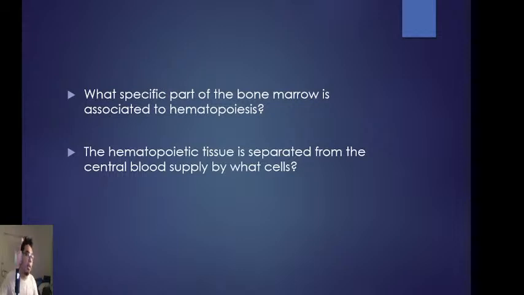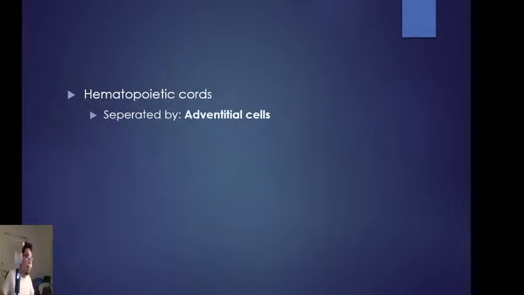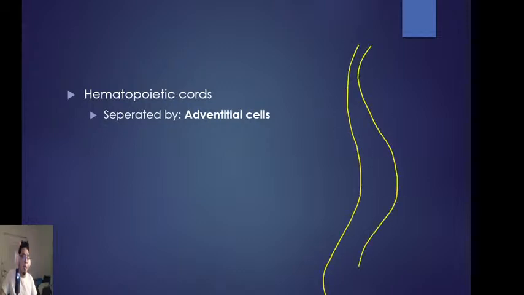It's in the hematopoietic cords. The hematopoietic tissue is actually separated from the central blood supply by what you call the adventitial cells. We have the corpusa adventicula, which is basically a part of the hematopoietic cords. The outside portion is your blood vessel, and this is your corpusa adventicula, and inside this is what you call the hematopoietic cords.